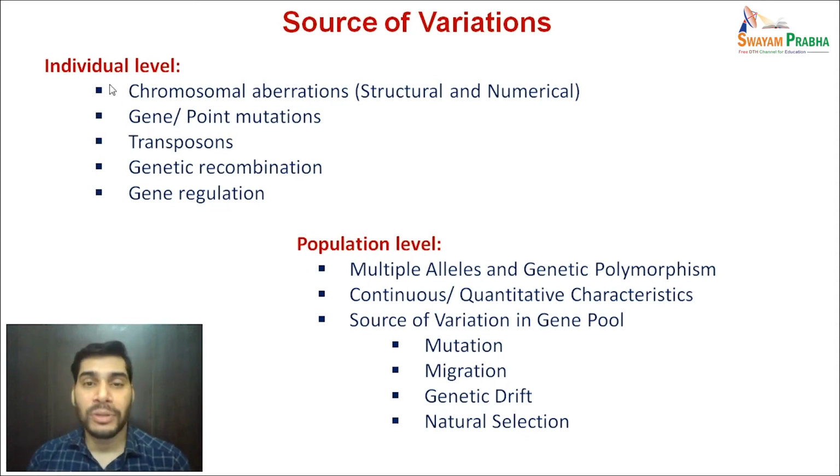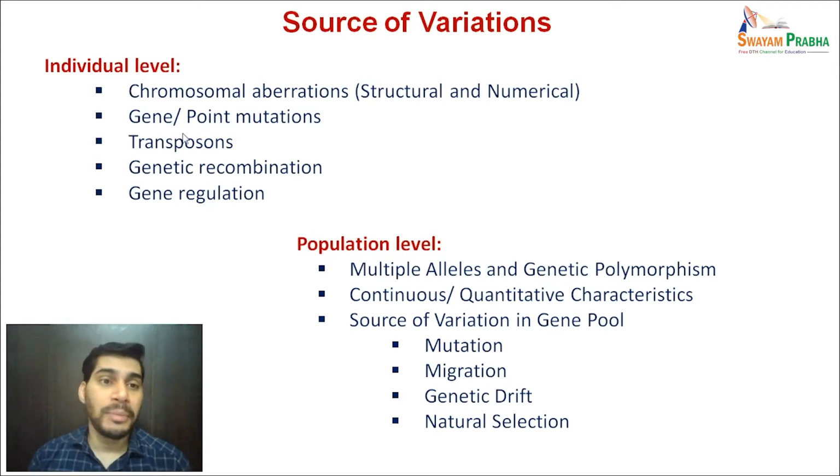If we are talking about the individual level variations, we are going to talk about the chromosomal aberrations. That means the changes which are occurring at the level of chromosomes. They are further divided into the structural aberrations or the numerical aberrations. Structural means there is a change in the structure of the chromosome, whereas numerical aberrations can be the changes which are occurring in the number of the chromosome or the chromosome sets.